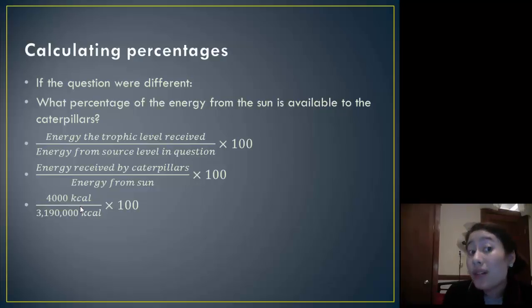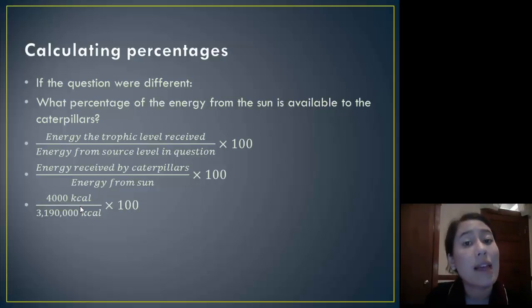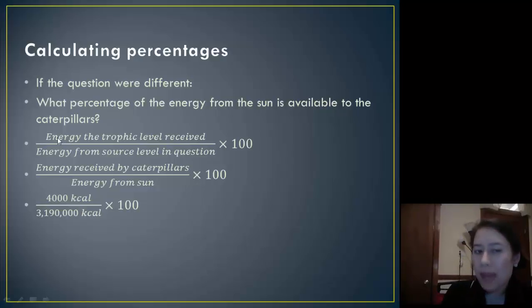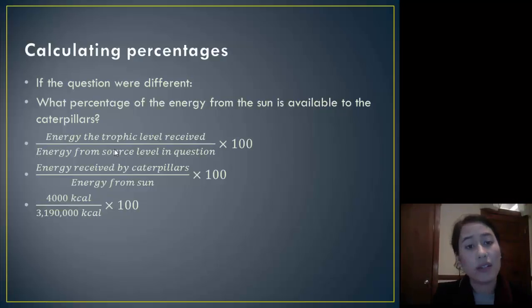Now, if the question were a little bit different, instead if it asked what percentage of the energy from the sun is available to the caterpillars, I would have to do this a slightly different way. This is similar to questions 9 and 10 that are in the packet. So once again, it's the same basic principle, the energy that the trophic level received divided by the energy from the source level, but the levels that I'm talking about in the question have changed a little bit. It asks what percentage of the energy from the sun is available to the caterpillars.